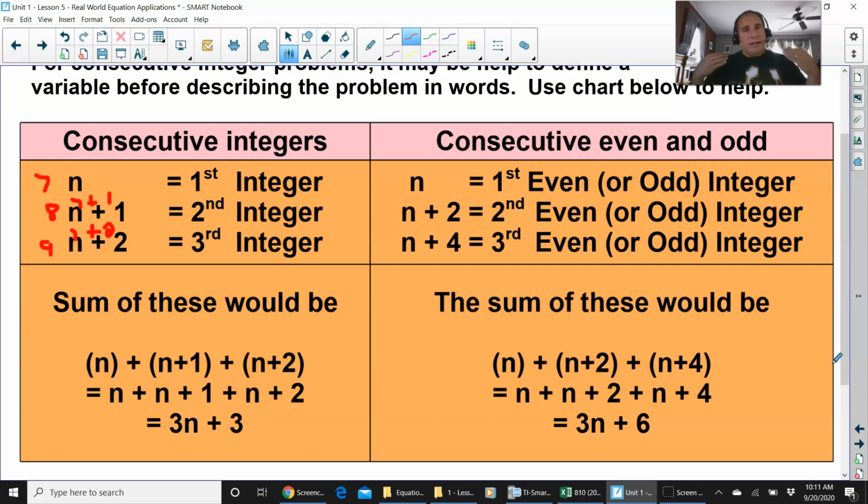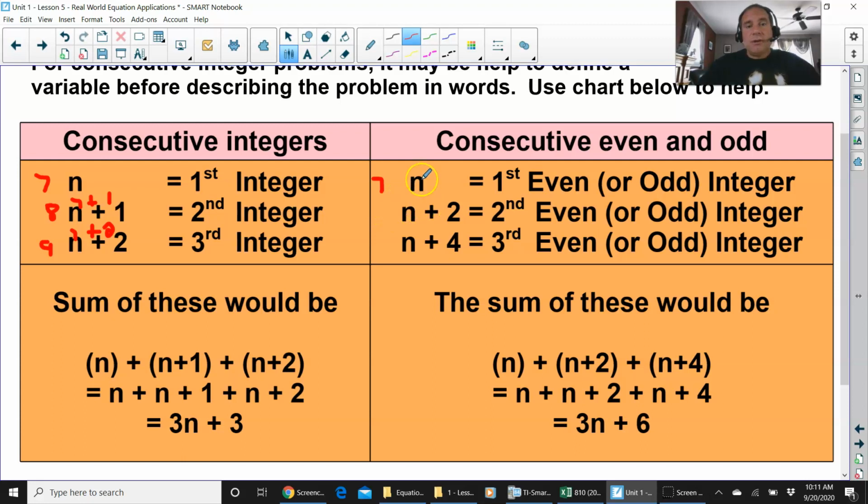So, I'm going to start with 7 again, because that's an odd integer, right? If I start with my favorite number, what's the next consecutive odd integer in the number line from 7? Right? 7, 9.